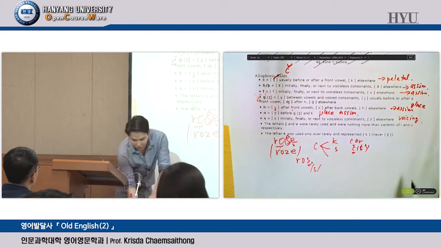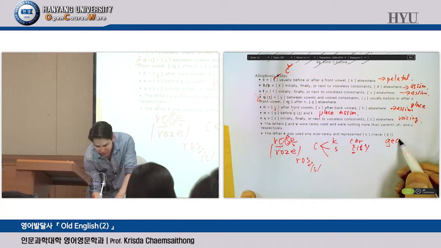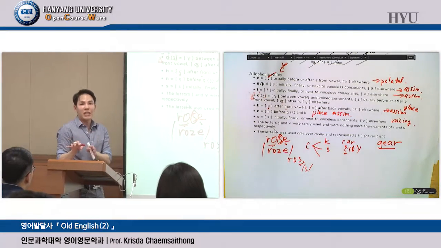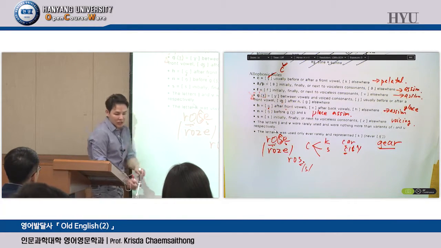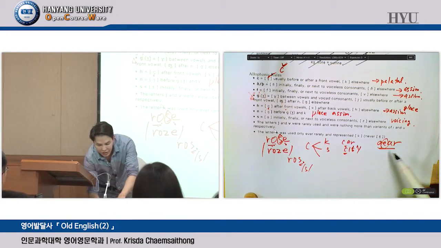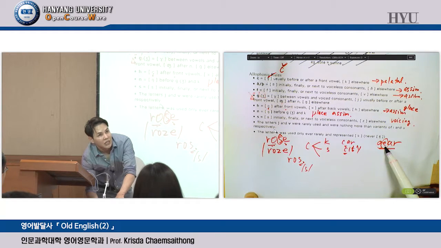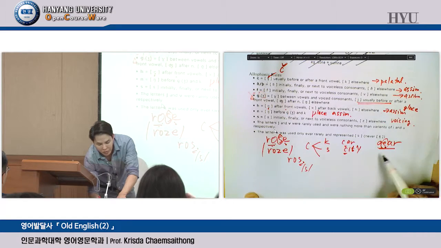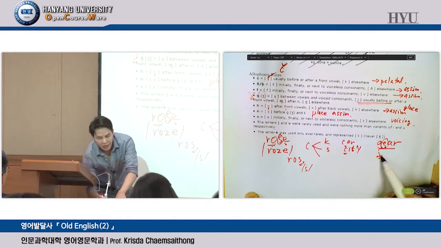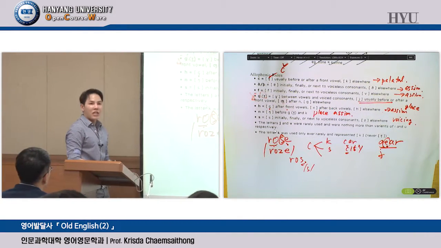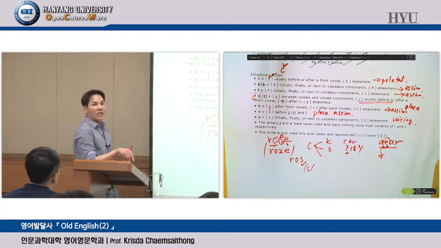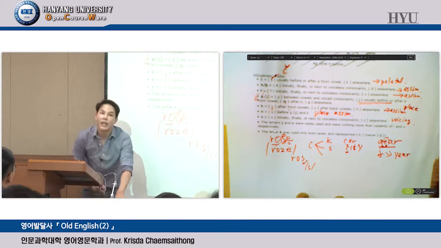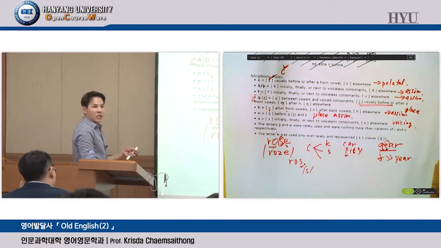Glide, G-E-A-R. I know in modern English it's gear, but in Old English, because you see, this is a front vowel, right? E is a front vowel. So before a front vowel, it would be pronounced as a J, which is year. So this is the word year, okay? This is pronounced like the word year, not gear, year, okay?